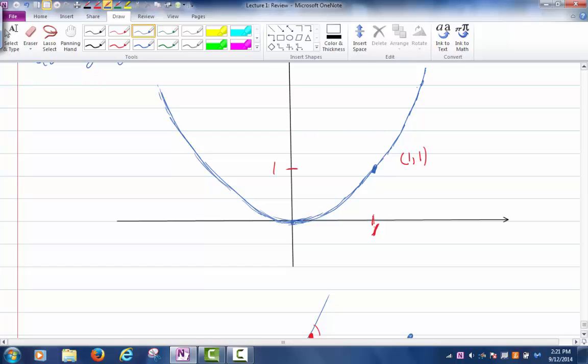Okay, and I'm going to take an arbitrary point here, and the x coordinate of that point will be denoted by t. Then what would be the second coordinate of this point? It would be t squared, right? Because it's the graph of t squared. And then I am going to take a straight line joining these two points.